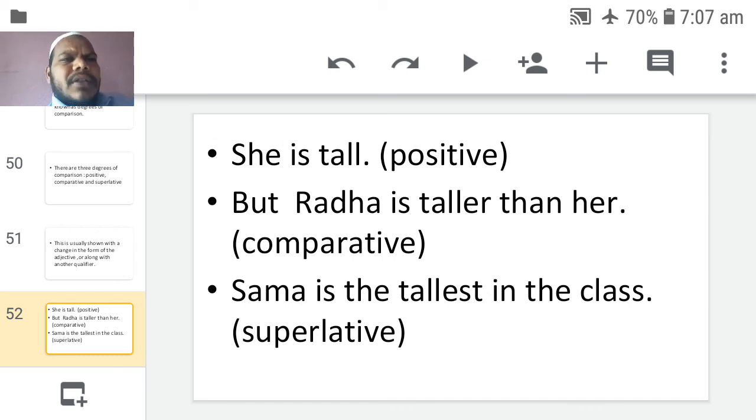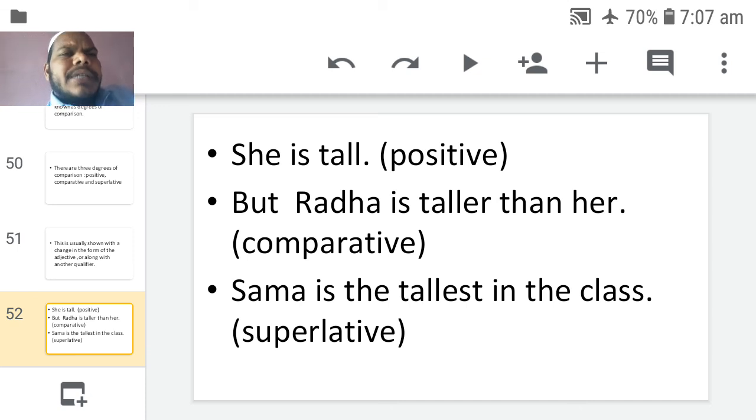Let's see an example of adjective degrees of comparison. She is tall: in which degree? Positive degree. Same thing, but Radha is taller than her: comparative degree. Tall, taller. Sama is the tallest in the class: superlative degree. Tall, taller, tallest.